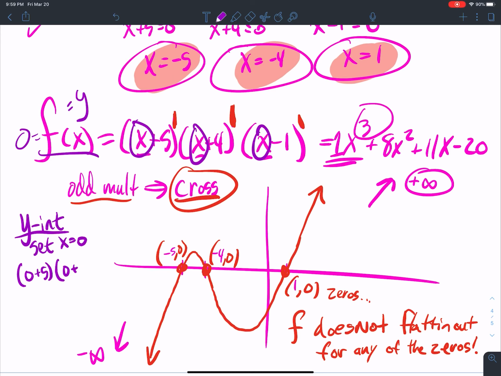And then 0 plus 4, and then 0 minus 1. So that's 4 times 5, so that's negative 20. Okay, so this point down here, it's not to scale, but this is 0 comma negative 20. So if you were asked for a y-intercept, you set x equal to 0. Okay, for an x-intercept, I put y equal to 0. Okay, solve for x. All right.